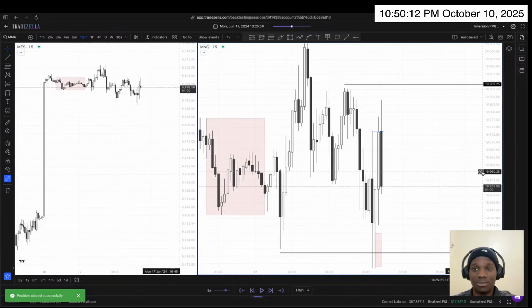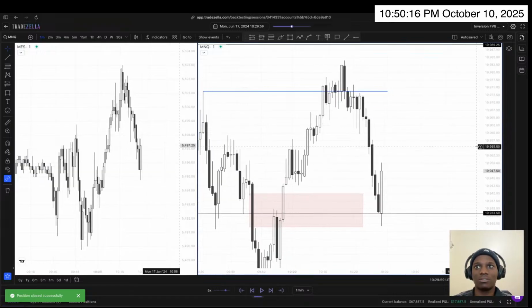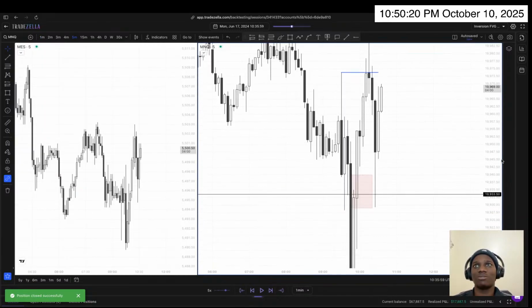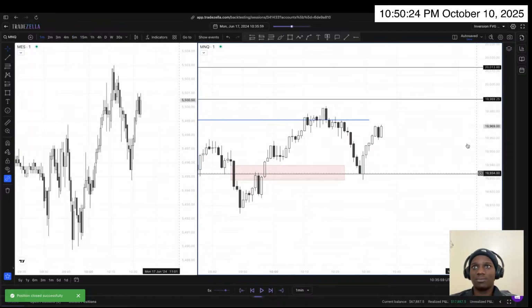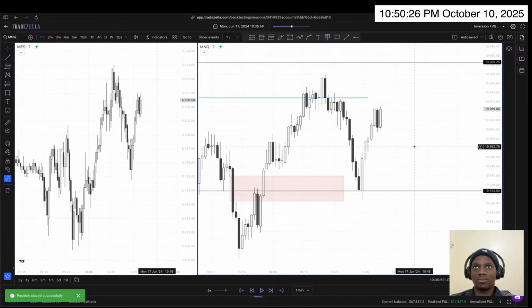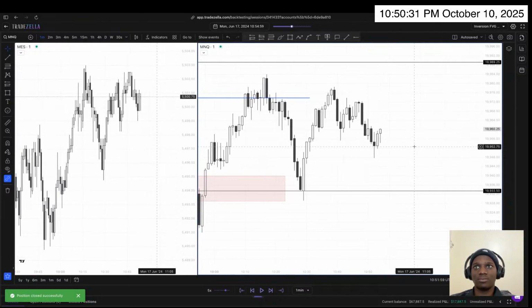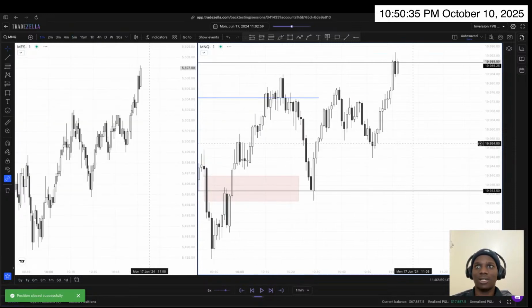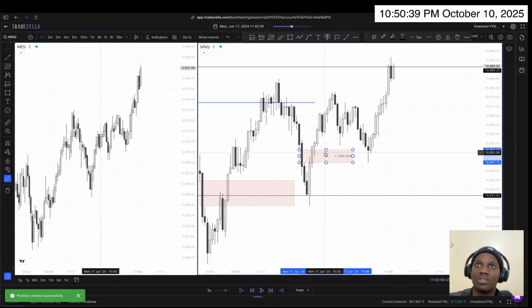And I don't know if it's news or something that comes all of a sudden and hits break even. Funny enough, I think it's gonna continue higher, like a sweep shift retest. If I had managed to re-enter right here at this inversion, this would be another entry.